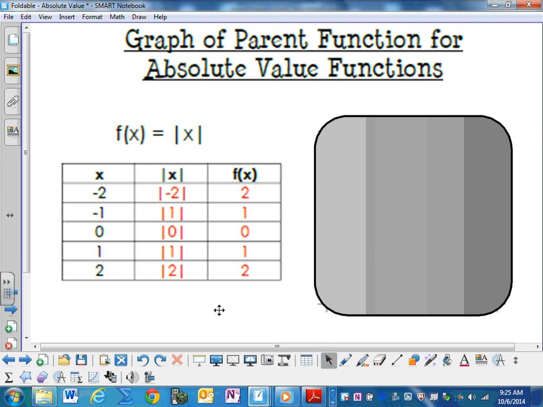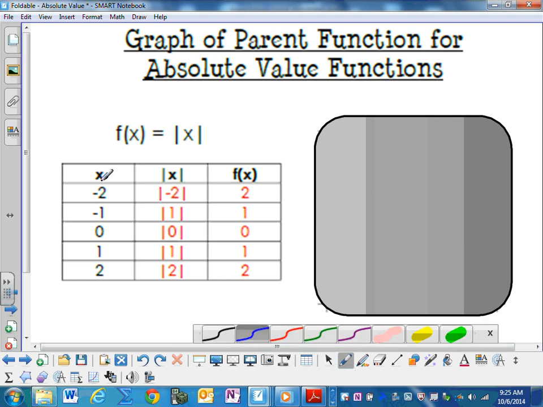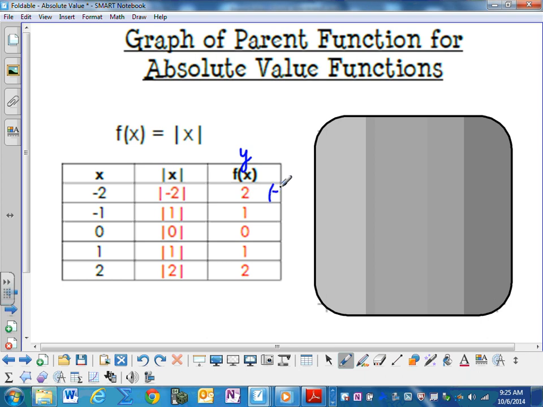All right, so now we can plot these. We know f of x also represents y. So we have the point negative 2, 2, the point negative 1, 1, the point 0, 0, the point 1, 1, and the point 2, 2.